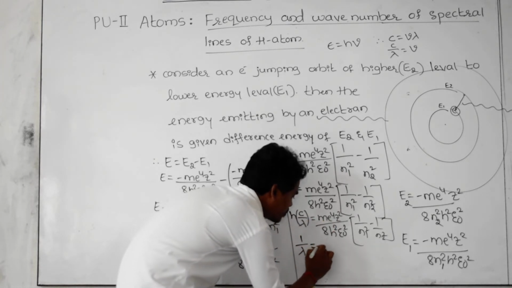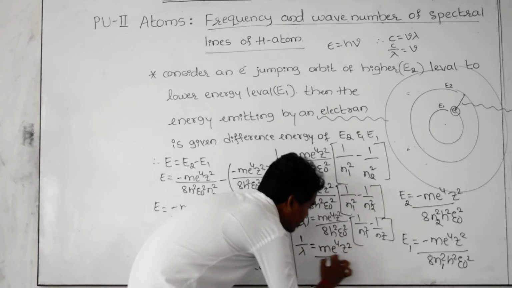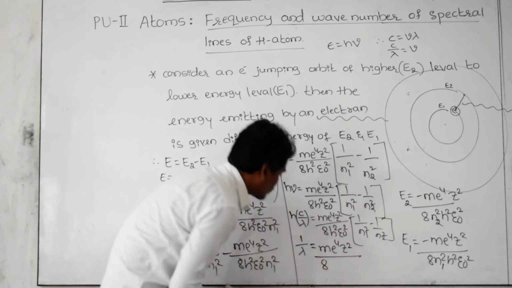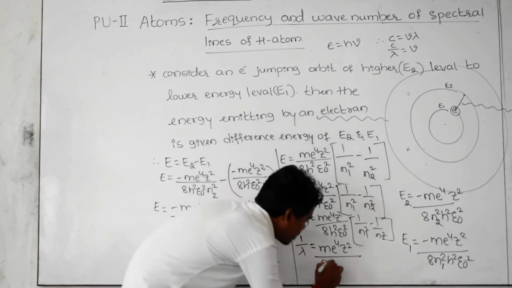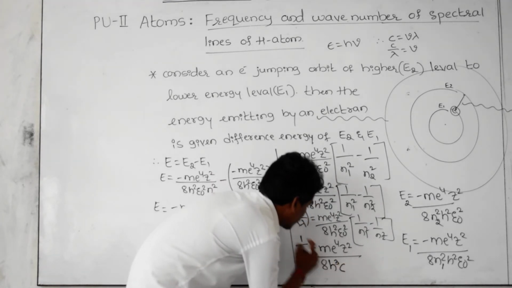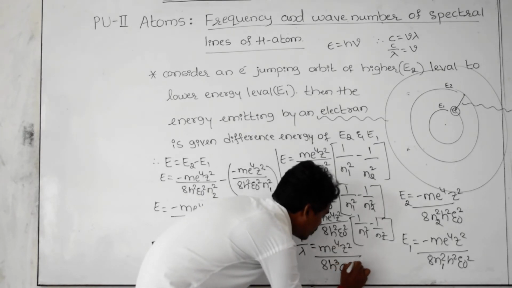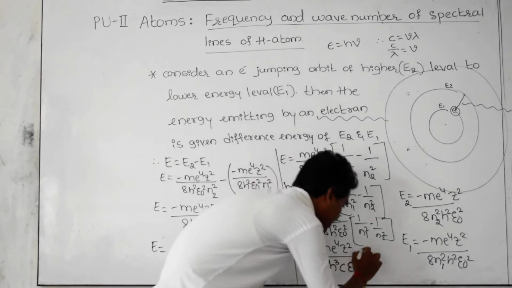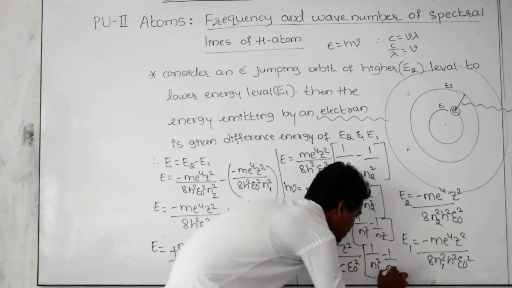That's why this becomes m e raised to 4 z square divided by 8 as it is. This h is coming to this side, h and h square become h cube. And next c as it is, I am taking c here. And next this is epsilon naught square, and again this is 1 by n1 square minus 1 by n2 square.